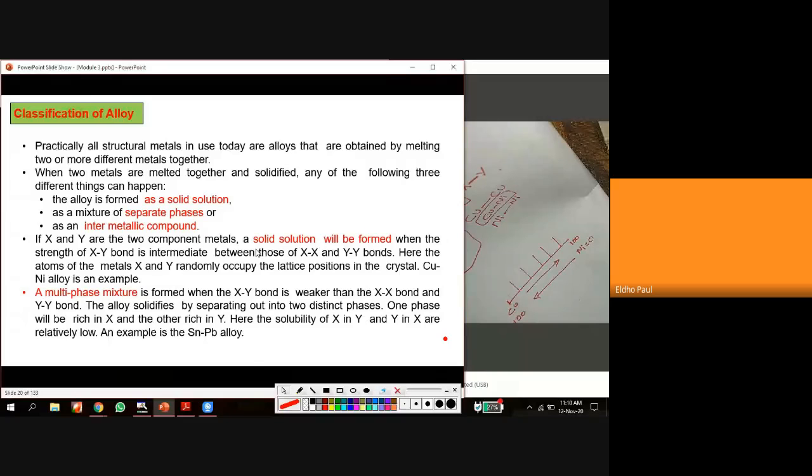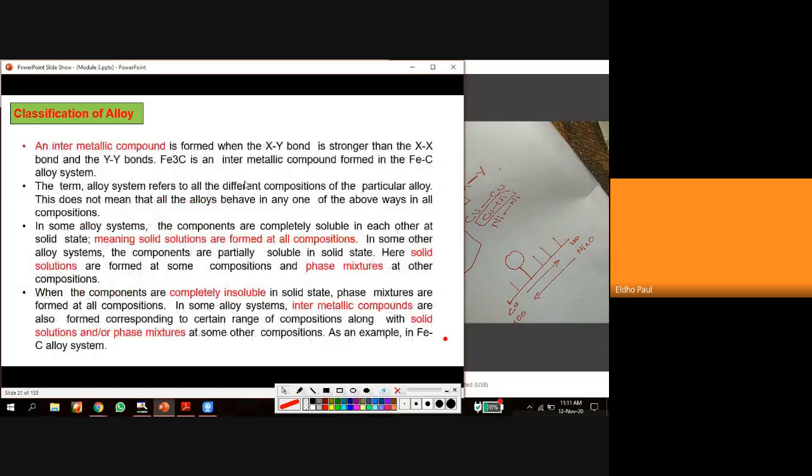Okay, so that is a complete alloy system. The solid solution is not formed at just a particular point or particular composition. Entire composition, solid solution forms. That is, the term alloy system refers to the different compositions of a particular alloy.